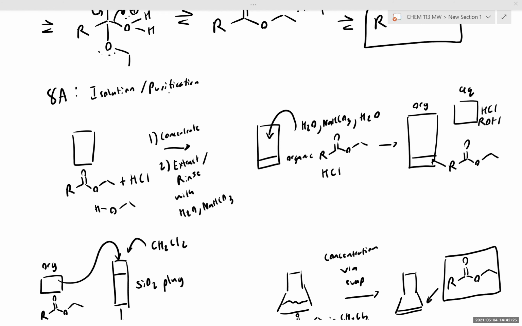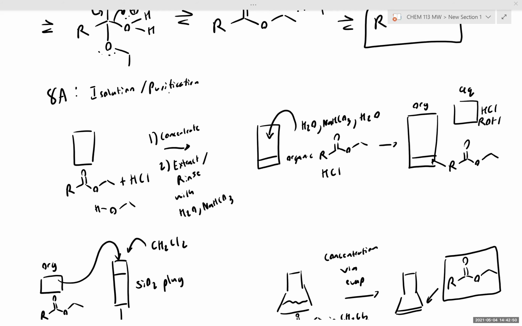This is designed to remove any traces of ethanol or hydrochloric acid remaining in our product mixture. After rinsing our organic layer with water, bicarbonate, and then water once again, our organic layer will be primarily enriched in the ethyl laurate product.